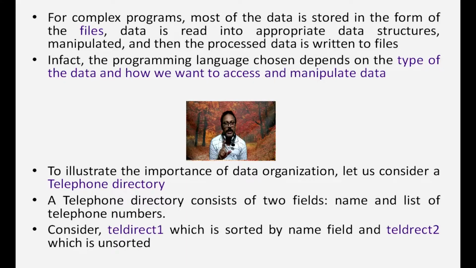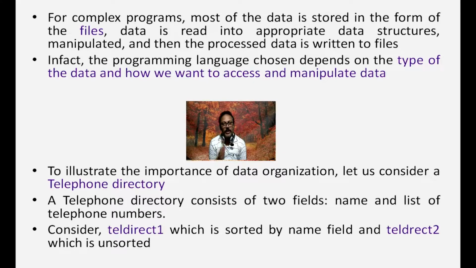One is tell direct one, which is sorted by name field, meaning the entire data is sorted by name. The other is tell direct two, which is unsorted. If it is sorted, finding within the telephone directory the phone number of a particular person is very easy.